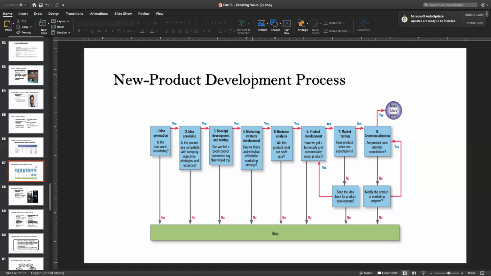After which is the product development. Have we got a technically and commercially sound product? Here is where you go into an advanced stage. You develop something that is commercially viable. The feel is not the only thing that's important; a commercially viable product is also important. This is where you have an advanced concept, after which you send it for market testing.